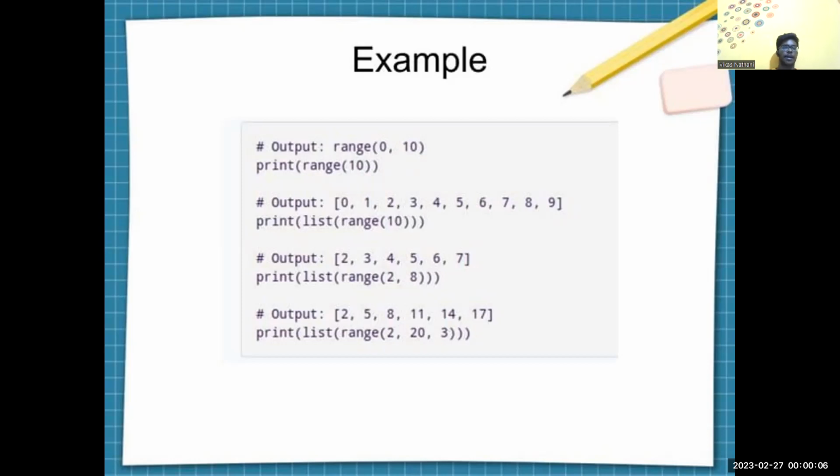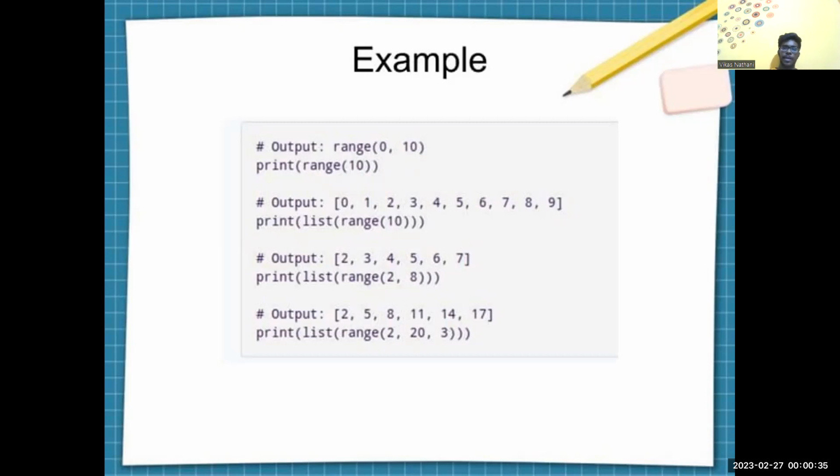See here, in the first program we have only mentioned start and stop value, but we didn't mention step size, so the default value is taken. The default value is 1. But in the next program, we have range 2, 8. In the first one we started from 0 to 10, but in the second we start from 2 and end at 8.